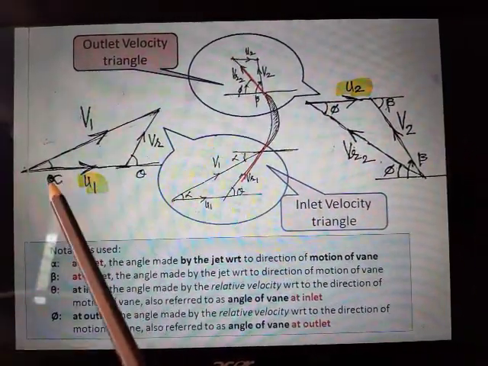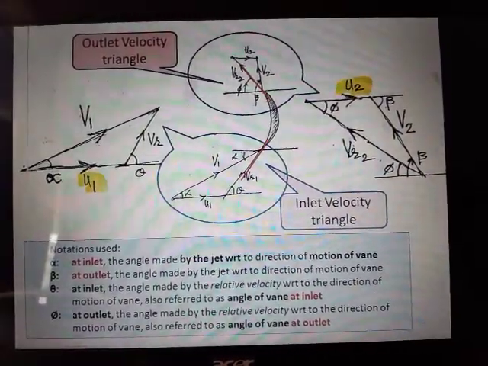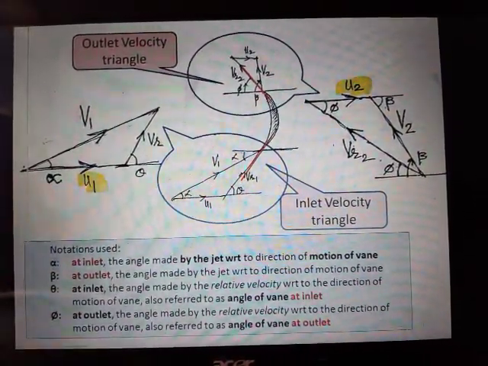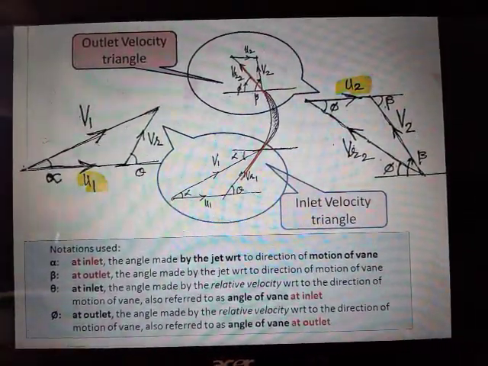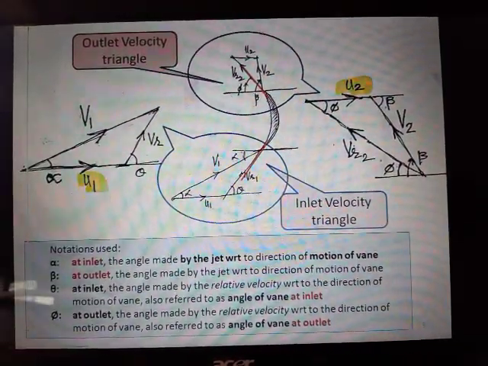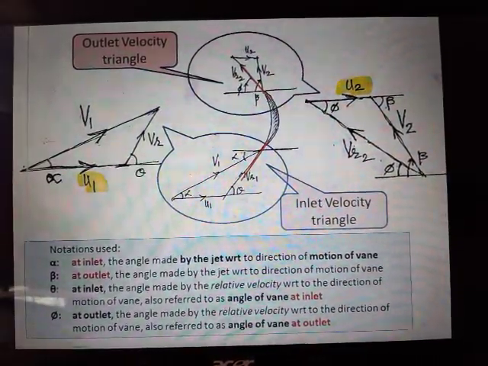Here also it is horizontal. That is the common thing one has to remember for easy understanding. So in both the triangles we have one horizontal side. The horizontal side is U, which represents the vane velocity.